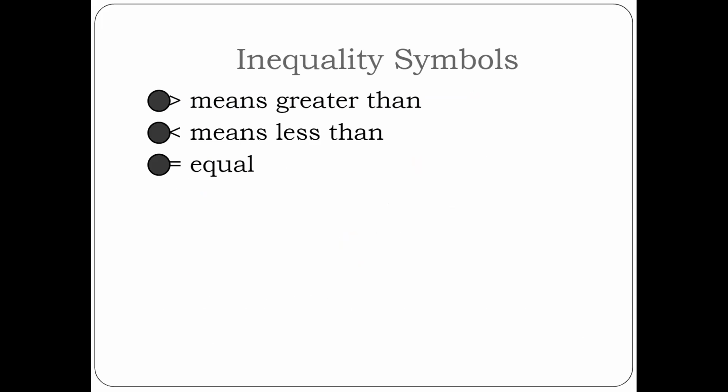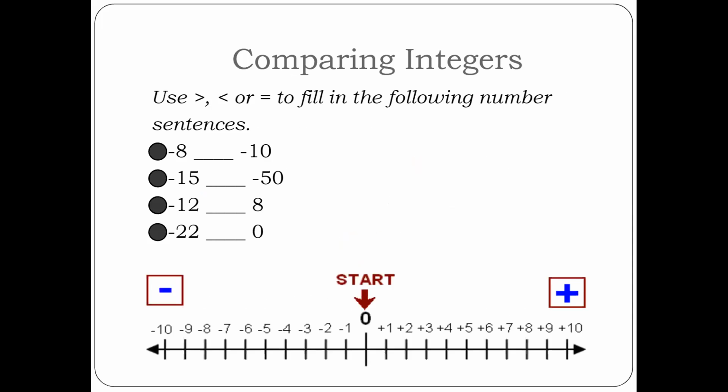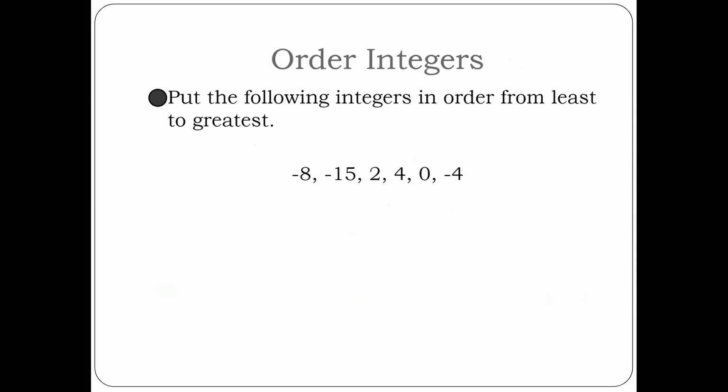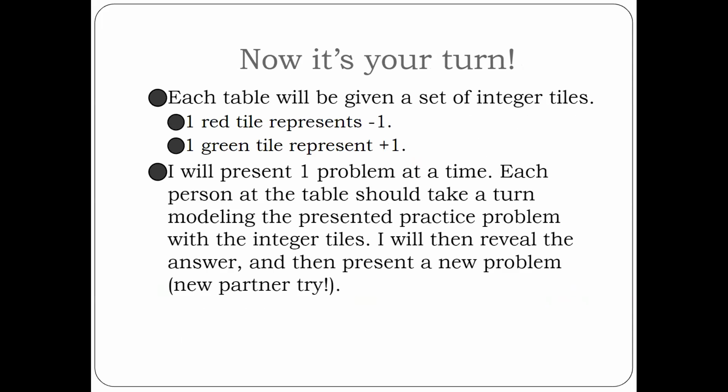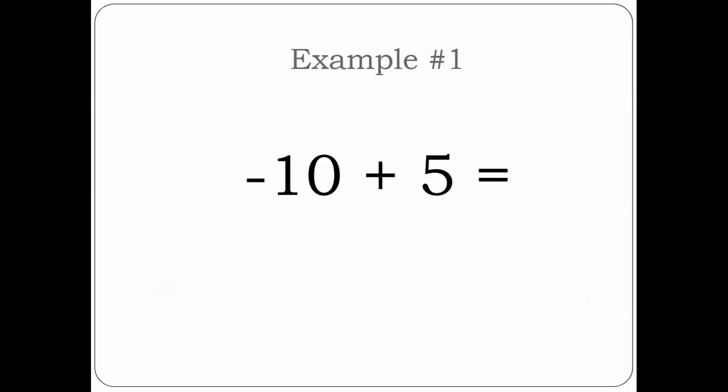There's your horizontal number line. And then we have some inequality symbols, greater than, less than, in our equation. So here's some examples. And the thing that people get tripped up on sometimes is the order.